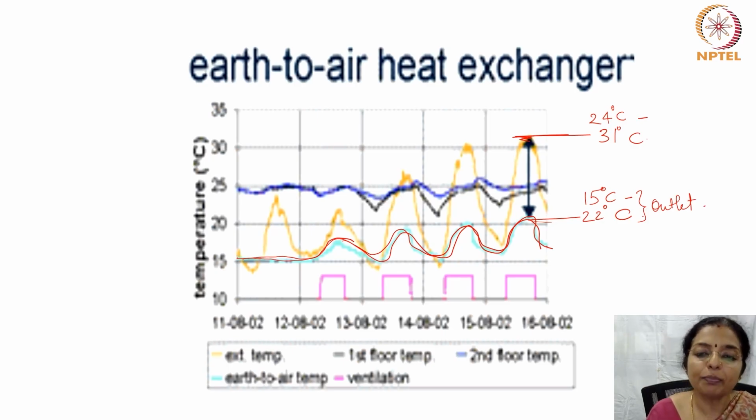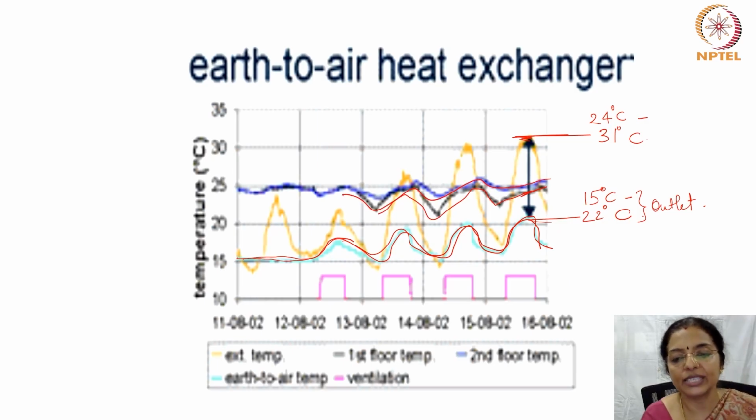This is because the temperature of the soil is going to be constant only. So you can see that the first floor and the second floor temperatures are also more or less similar, and as we said, it does not exceed 22 degrees centigrade on the ground floor.